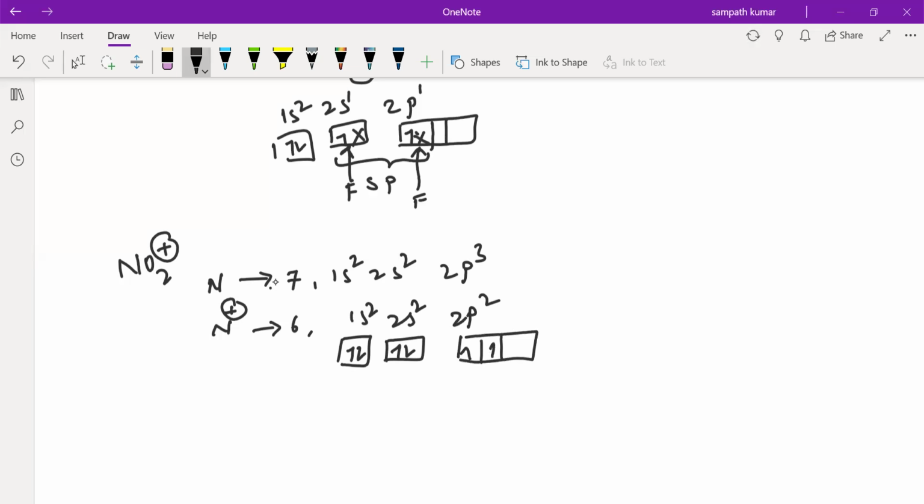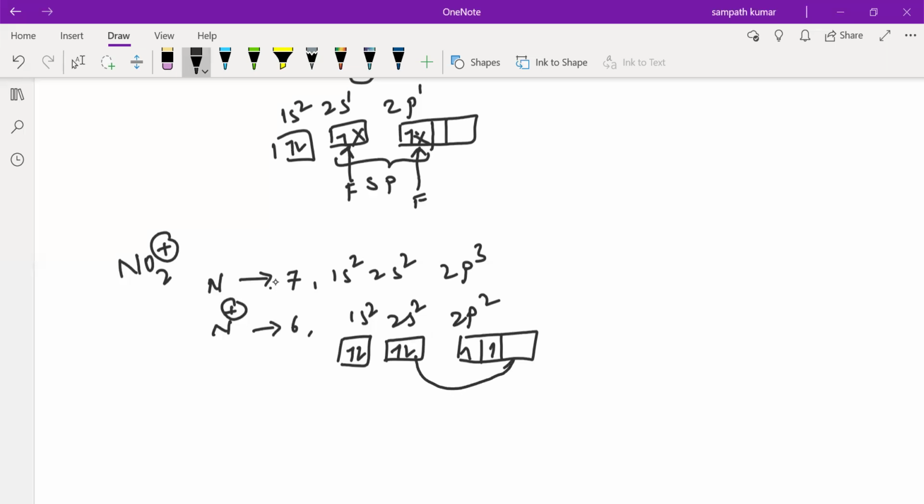Here there are 2 oxygens, so formation of 3 bonds is possible. But here there are 2 unpaired electrons, only 2 bonds are forming. For this, N plus is present in an excited state.